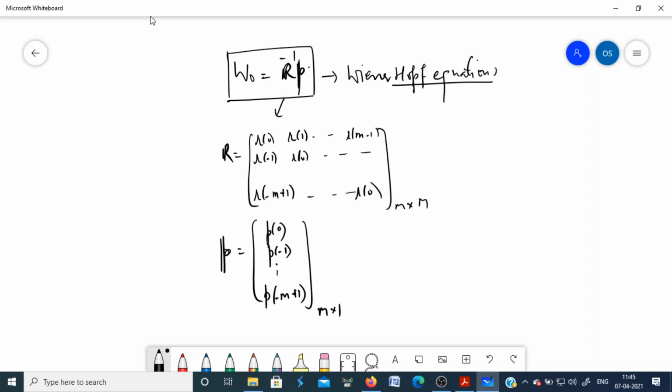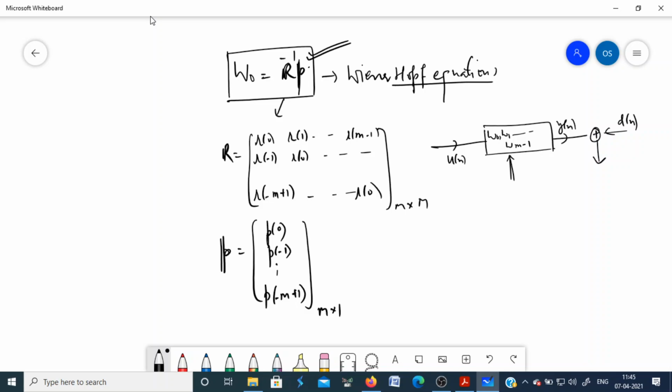Okay. So if any input sequence u n is given to you, and the filter length is given to you, that we have m filter weights w0, w1 up to, suppose, w m minus 1 only. It may be length 7, it may be 9, 11, 10, whatever it is. And if the desired response d n sequence is given to you, you have to find the solution for the Wiener filter which minimizes the mean square error given by this equation.